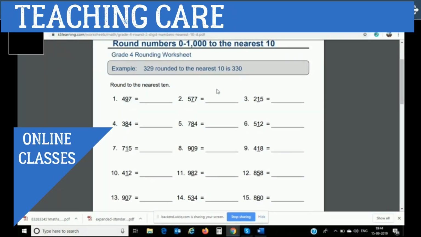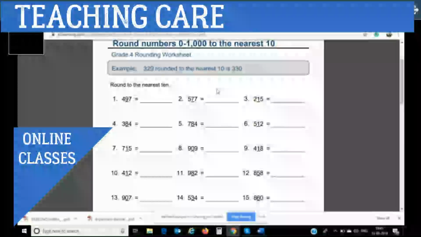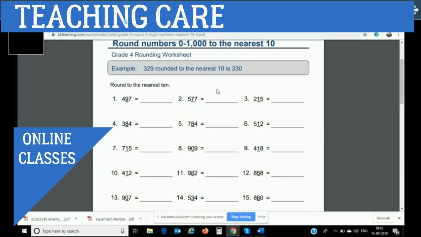577. Wait, miss, wait. 7 plus 1, right? So 580. Very good. Number 2 is 77, 580.